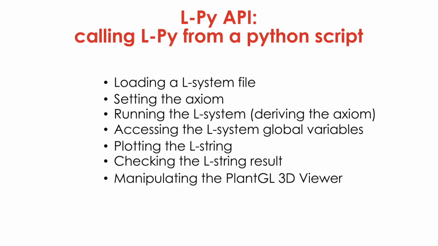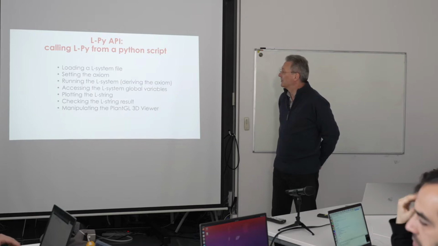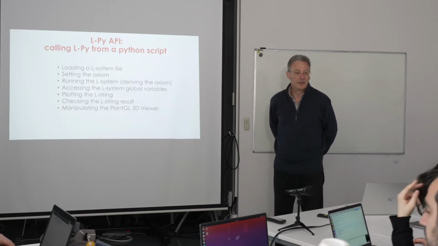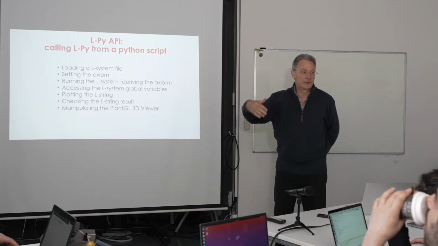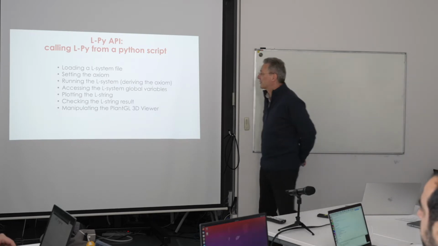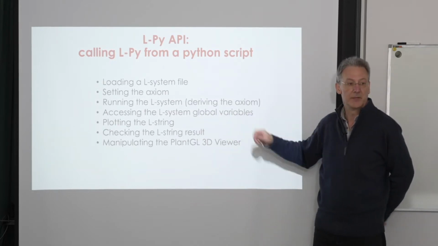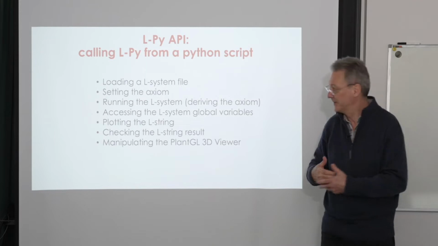an LSystem file, to set the axiom from the outside of the file, to run the LSystem and derive everything up to the final point of the derivations. You want to access potentially the LSystem global variables so that you can change them from the outside.